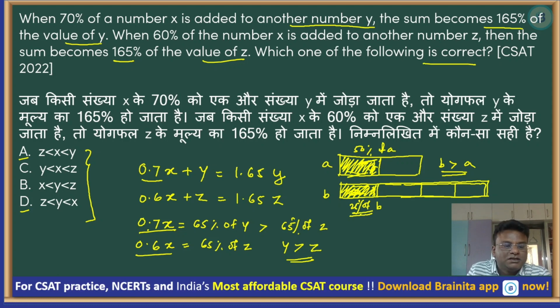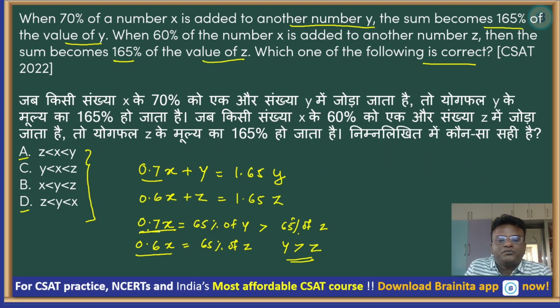Let me erase this. Now what do we know from this equation? From this equation, we know 70% of X is equal to 65% of Y, right? Then what can we conclude? Y is greater than X, right? Wherever percentage is smaller, that number is bigger.